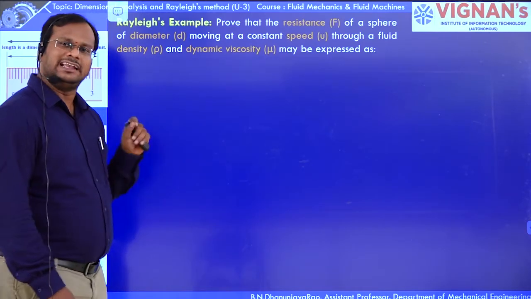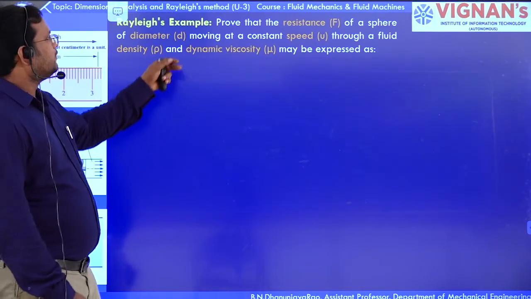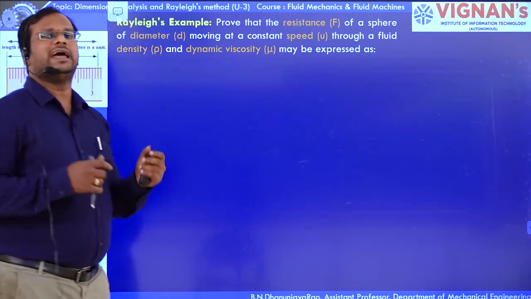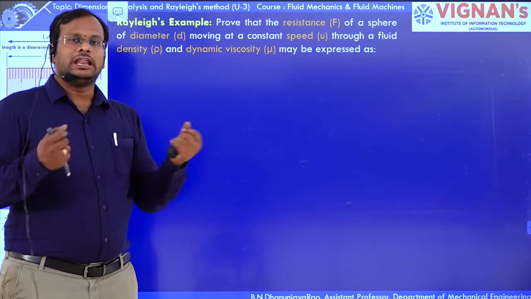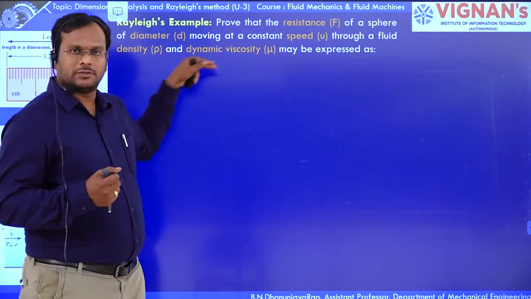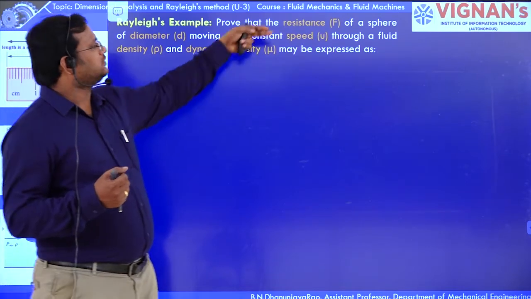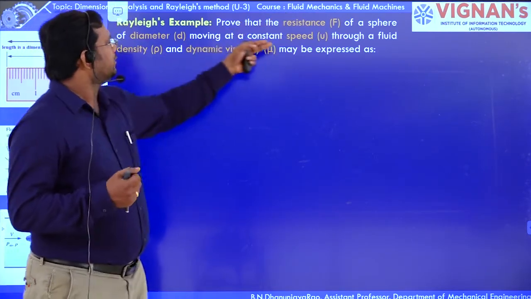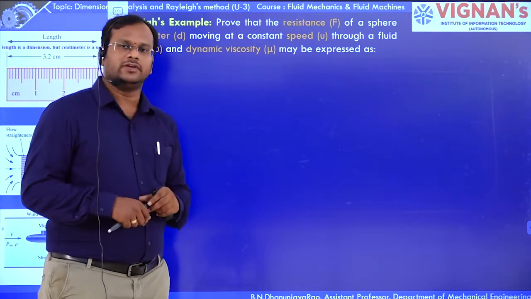Here they are asking to prove the resistance F, so we need to establish a relation between the force and the remaining variables. Force is a variable; d, u, rho, mu are the variables.